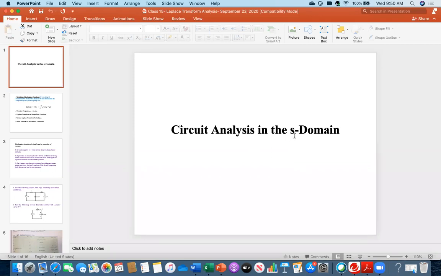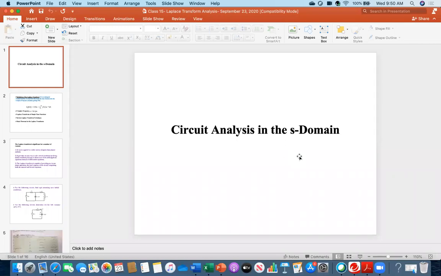So s means this is the Laplace. Probably simultaneously you are learning the same thing in the signals and systems course, right? And some of you might have already done the Laplace in some math courses.